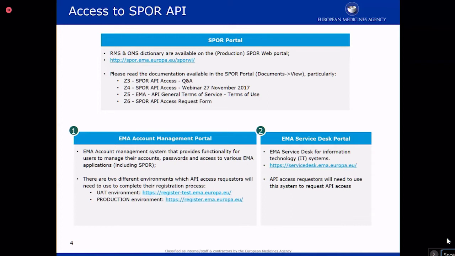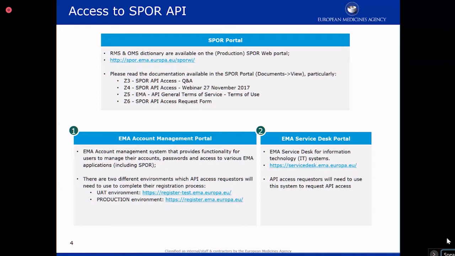In order to gain access to SPOR and the SPOR API, you will need to use the EMA account management system, which provides the functionality for you to manage your accounts and passwords, and request access to the various EMA systems, including SPOR. There are two different environments for the EMA account management portal, one for production and one for UAT.